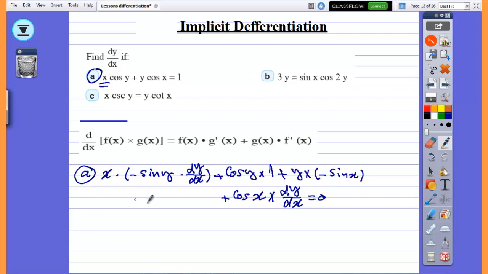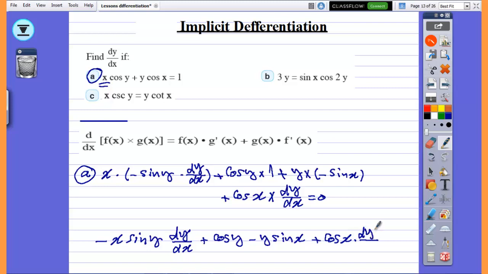So we simplify and arrange. The left hand side will be negative x sin y dy/dx plus cos y minus y sin x plus cos x dy/dx equals 0.